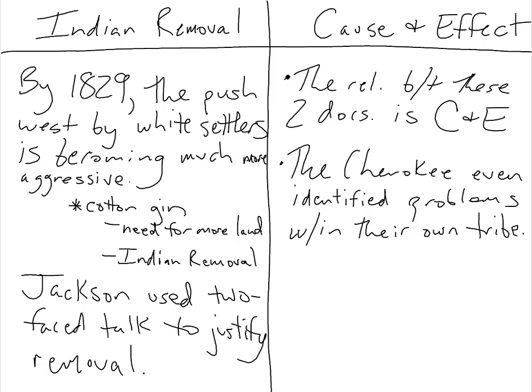Make note where that came from. This came from Doc 2. Make note before that Jackson's sneaky language came from Document 1. And because of this, even the Cherokees identifying their own problems, this is used to justify Indian removal.